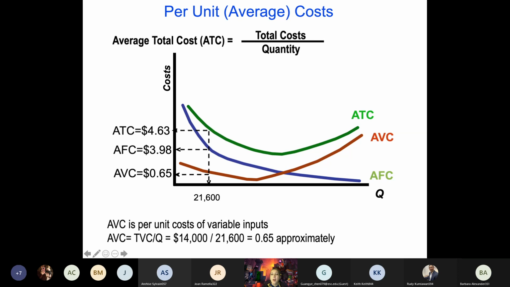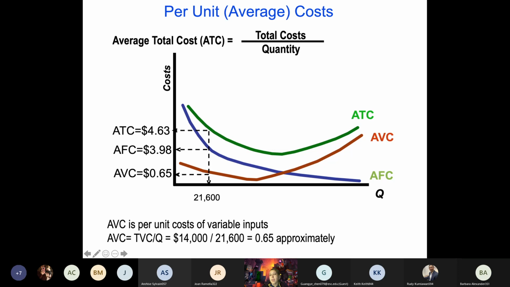Average variable costs typically decrease for some range of output, and then they start to increase. And average total cost is also U-shaped. It also decreases for some range of output, and then starts to increase.